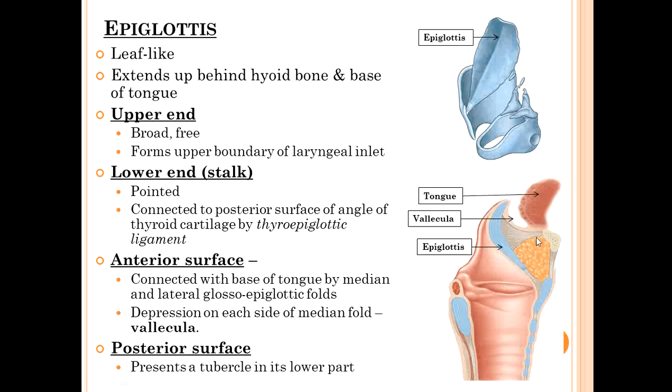On either side of the median glossoepiglottic fold there will be a depression or space known as the vallecula. And here behind, this is the posterior surface, where there will be a tubercle on its lower part.